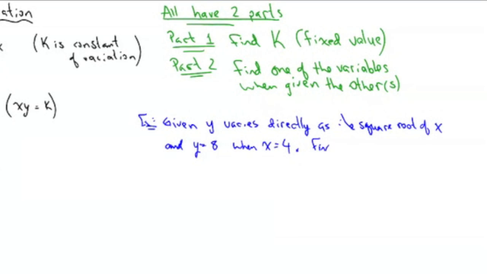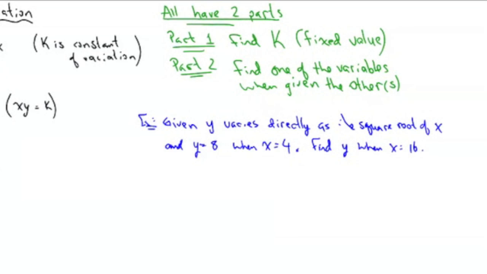Find y when x equals 16. Pretty much how these problems can be written out. Now, x and y can become words like width, height, weight, anything like that, gravity. So you have to separate it into the 2 parts.